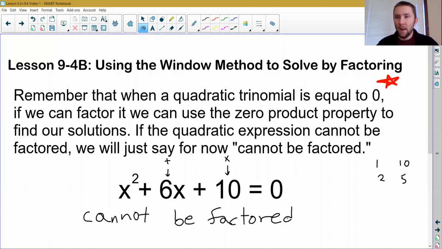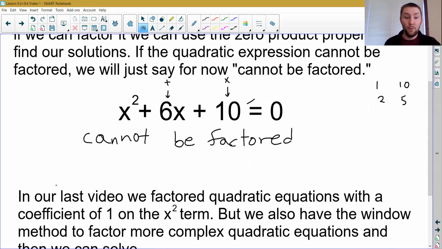So for now, if you come across one that can't be factored, we're just going to say that it can't be factored. We don't know how to solve this type of quadratic equation quite yet. Just be aware that it is a possibility that quadratic equations may not be able to be factored.